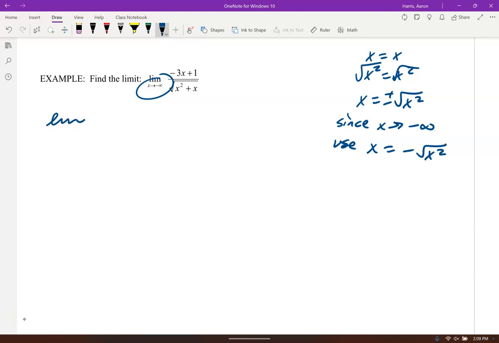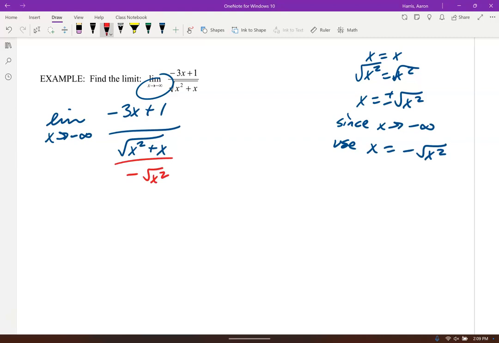So let me write it now. I'm dividing by, since I'm going to negative infinity, negative root x squared. Well, that's the same as x, right? x is negative root x squared in this case.